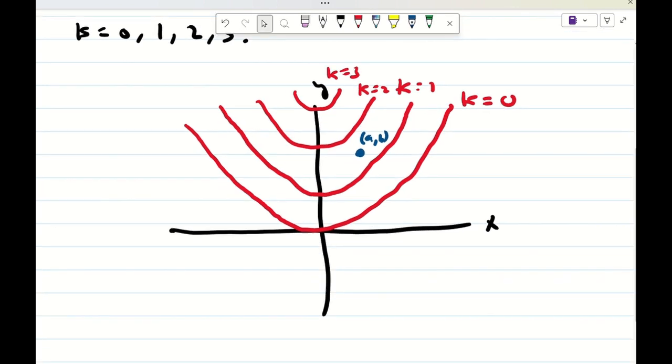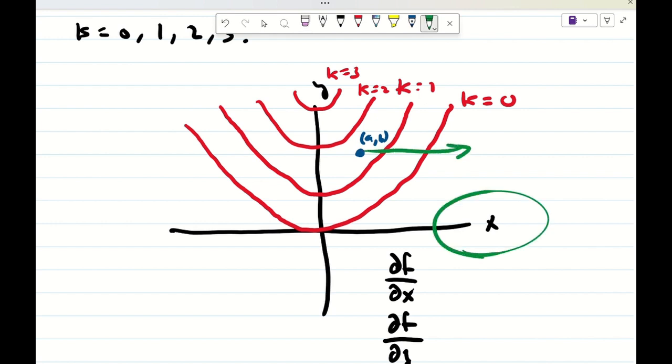In section 9.2, we talked about partial derivatives with respect to x and with respect to y. Again, if we're going to the right-hand side, that's making our x increase. So you would be considering the partial derivative of f with respect to x.